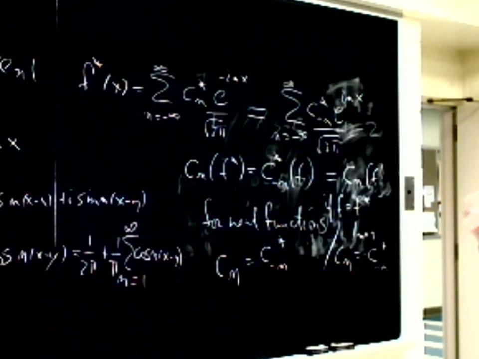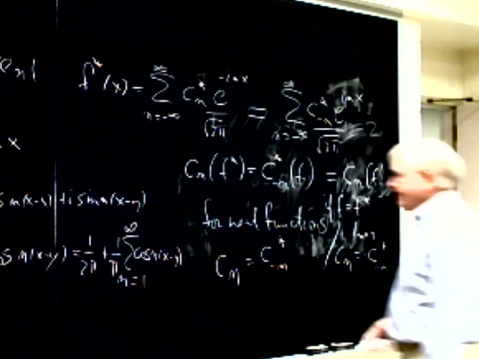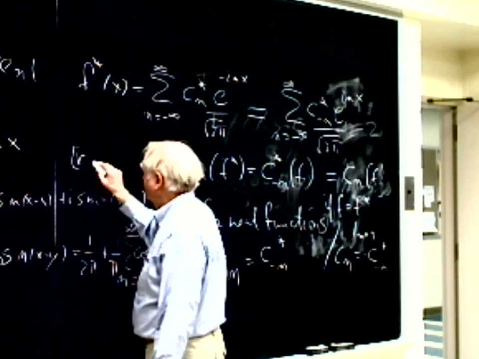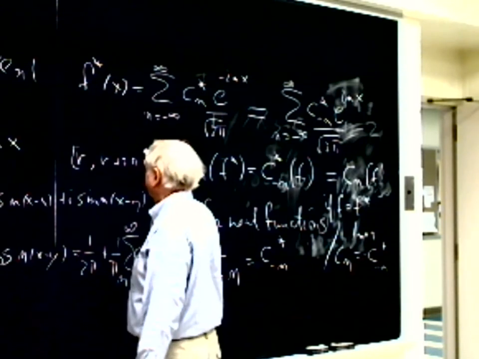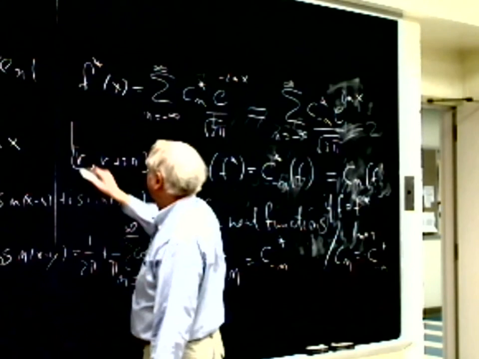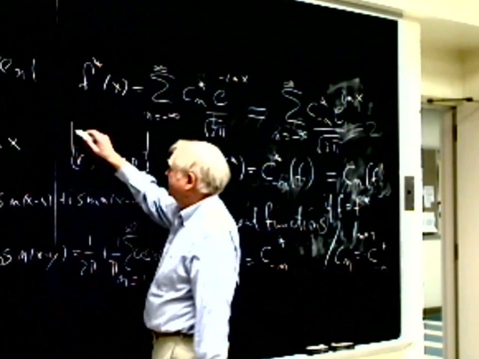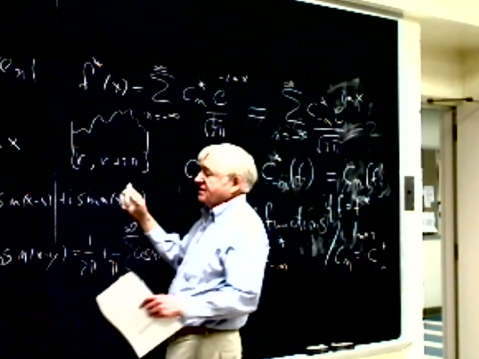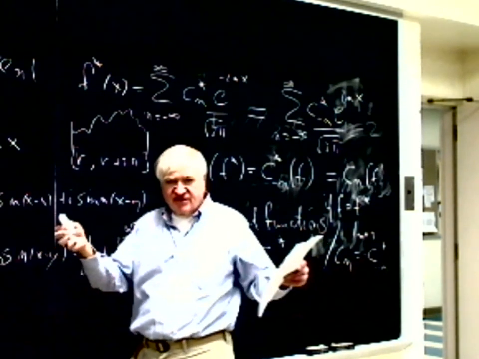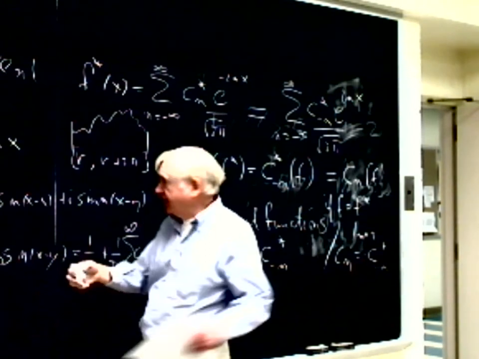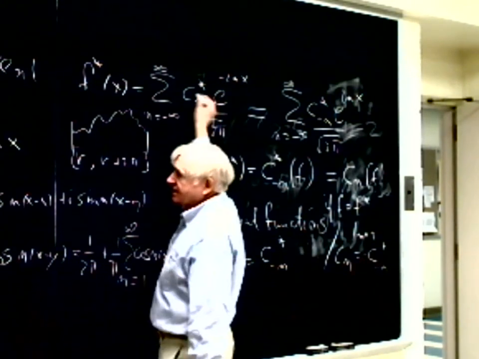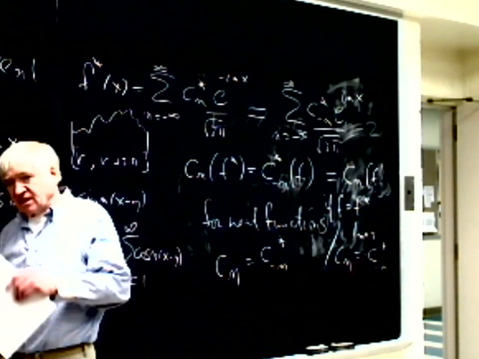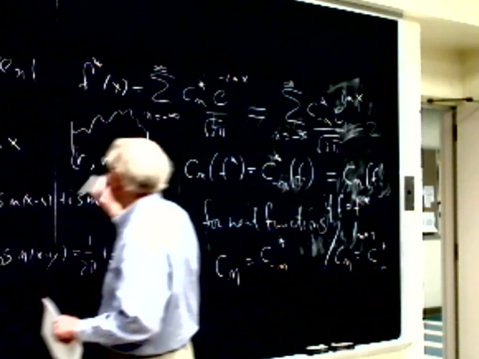Say it goes from r to r plus 2 pi. In that particular interval, the function will do whatever it'll do. The function you start with may or may not be periodic. But the function you represent, that is to say the Fourier series, intrinsically is periodic, with period 2 pi on this interval.